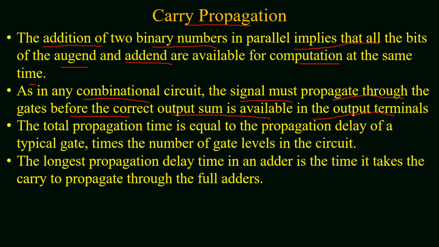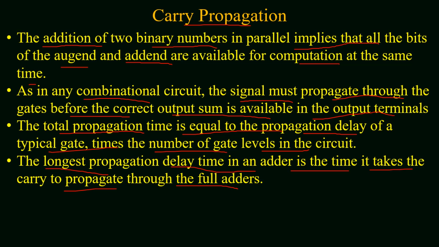Now, the total propagation time is equal to the propagation delay of a typical gate multiplied by the number of gate levels in a circuit. So if we are computing the total delay in a circuit, it will be equal to how much time is taken by a gate times the number of gate levels, where the longest propagation delay in an adder is the time it takes the carry to propagate through all the full adders.